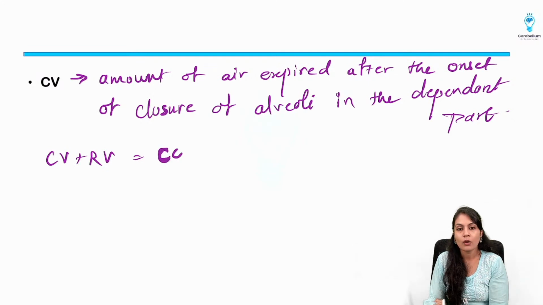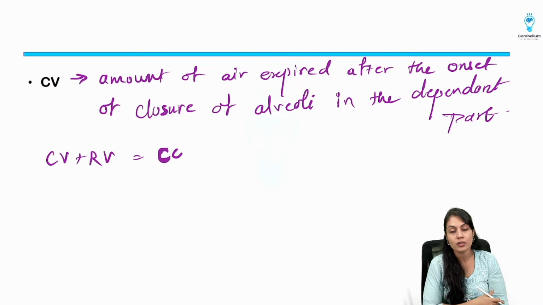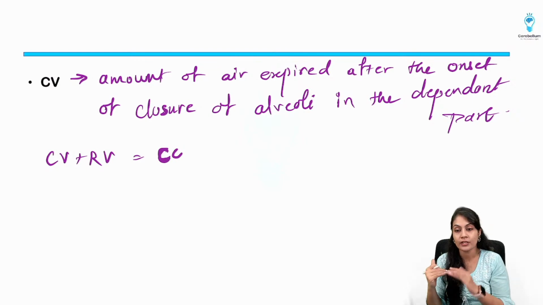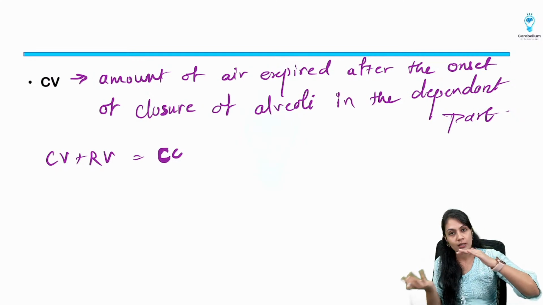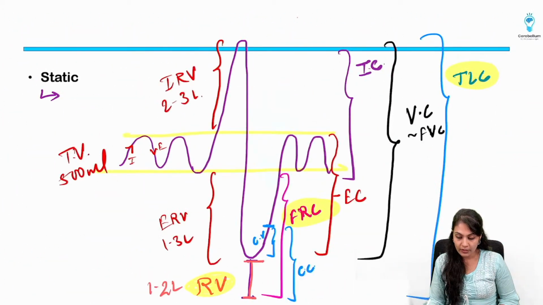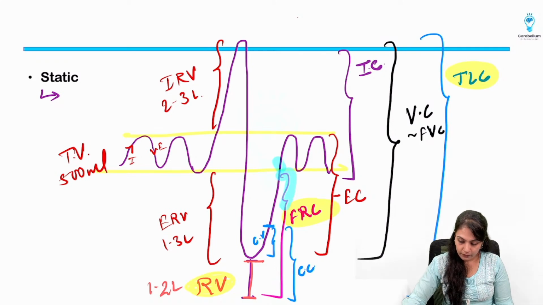Okay, now why is this CV important? Because understand, when we are going to have diseases, in those diseases the CV and FRC, usually the FRC is much more as compared to the CV, isn't it? FRC is more. If I show you the relationship between these two, see over here that yes, the FRC is going to be more as compared to the CV, or as compared to the CC I'm talking about, right?